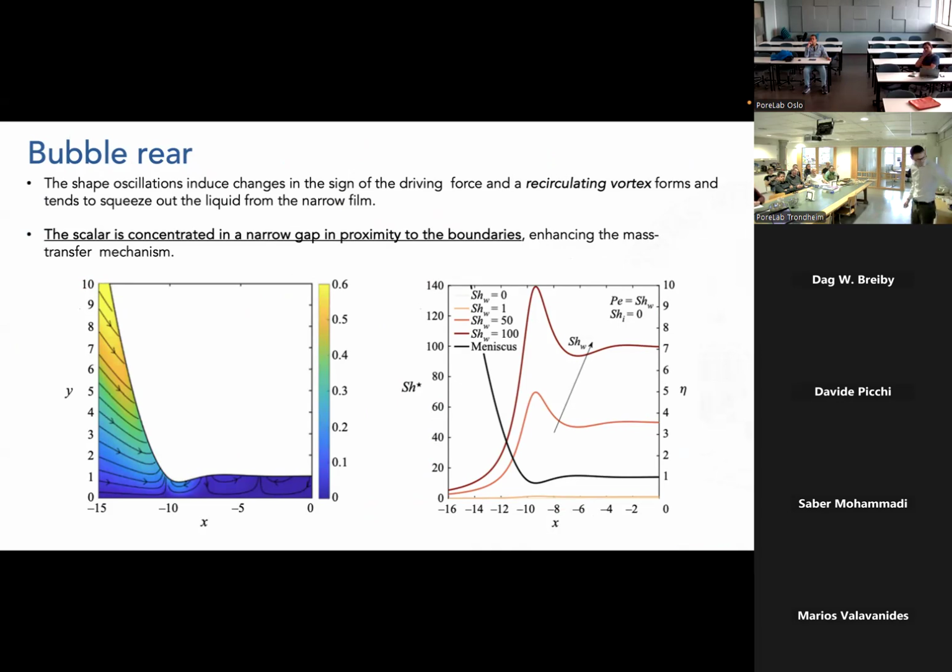And when the profile is minimum, the effective Sherwood number is maximum. And I don't remember the exact number, but there is a minimum. So if you take the Bretherton solution, the minimal thickness is probably 8.7 or 8.2. Now I don't remember the exact number, but here at the minimum, the effective mass transfer is the maximum.